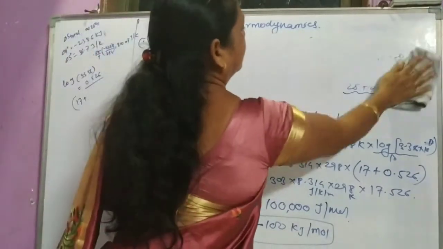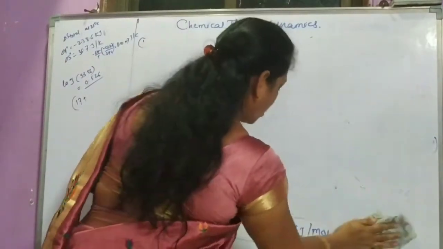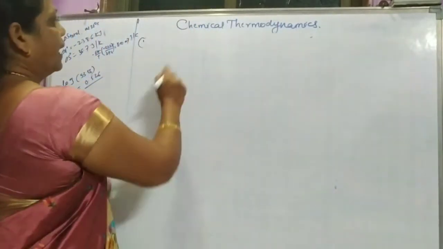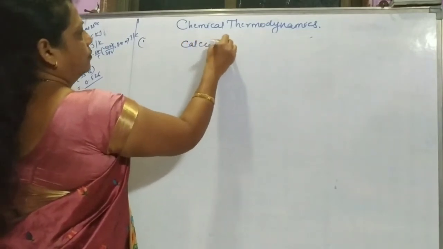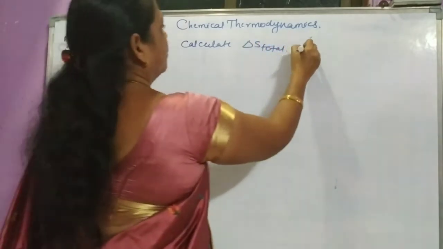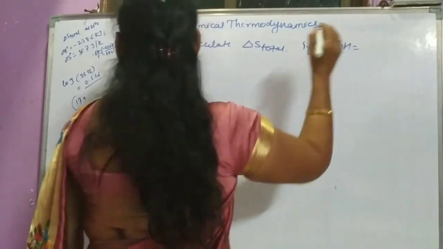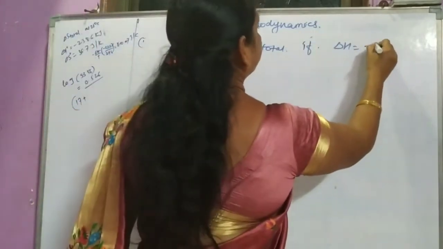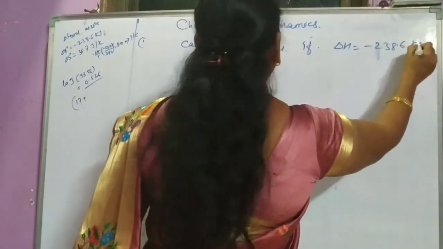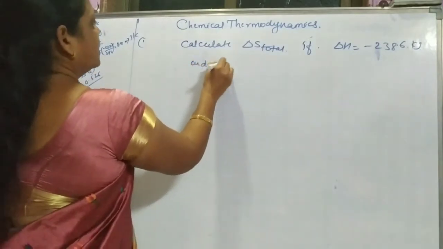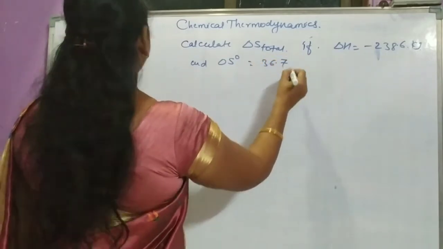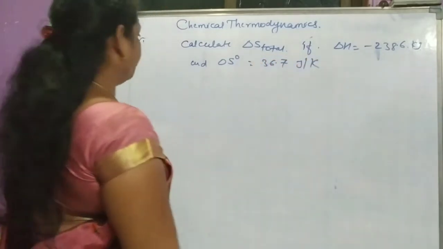Calculate del S total for the reaction if del H is given as minus 238.6 kilojoule, and the standard entropy change is equal to 36.7 joule per Kelvin.